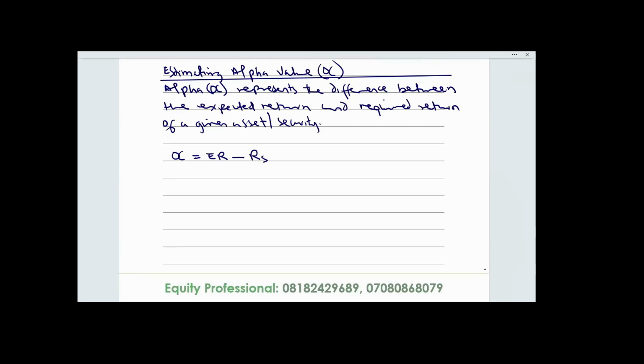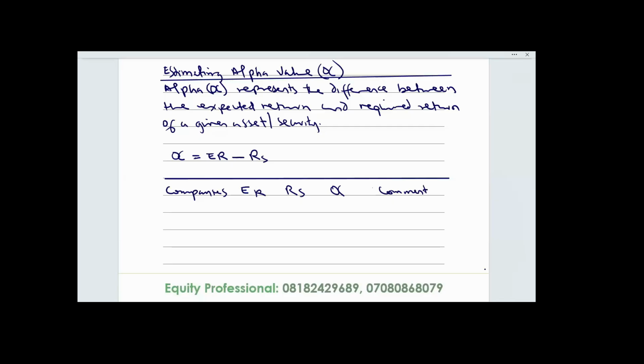You create a column for companies in the portfolio, a column for expected return, required return, then your alpha. You need to interpret your results, so you can give this as a remark or comment.